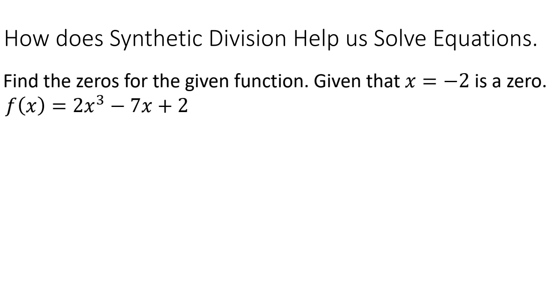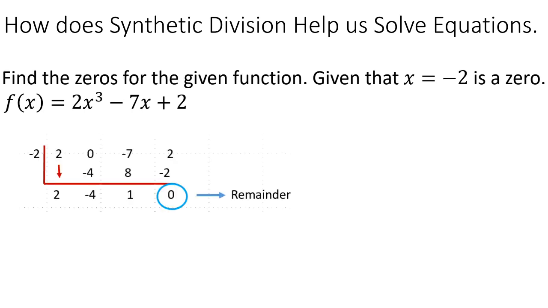It might be complicated to factor it out and find the zeros of a cubic polynomial because we really don't have a formula to find the zeros of a cubic. It's just factoring. So if they tell us that when x equals negative 2 this is a 0, I can use my synthetic division to show that I have a 0.